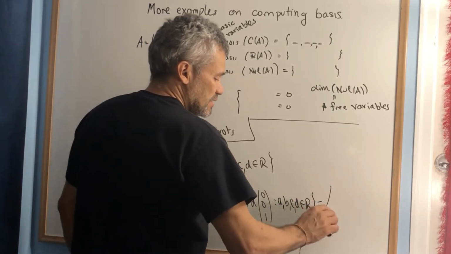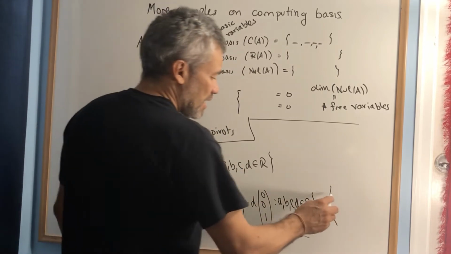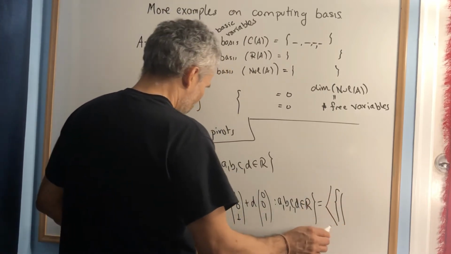Then we get that this subspace is just the span of these four vectors.